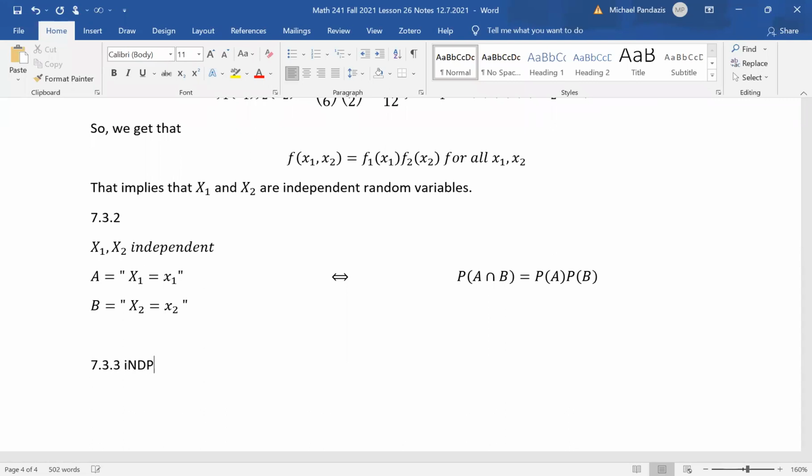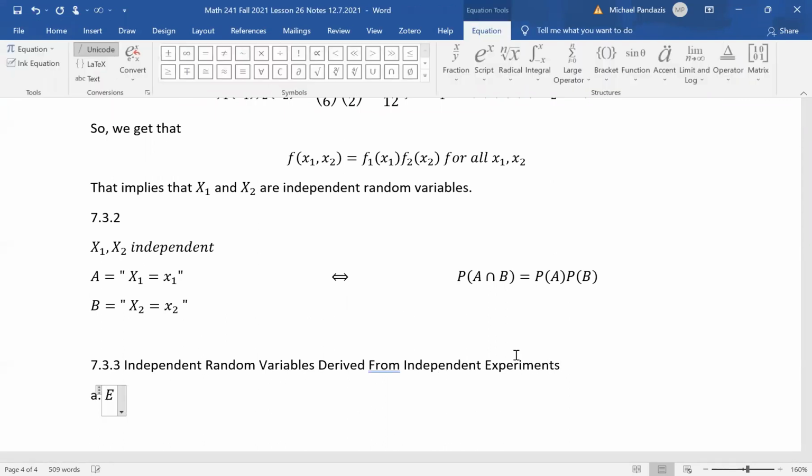7.3.3 on independence of random variables derived from independent experiments.